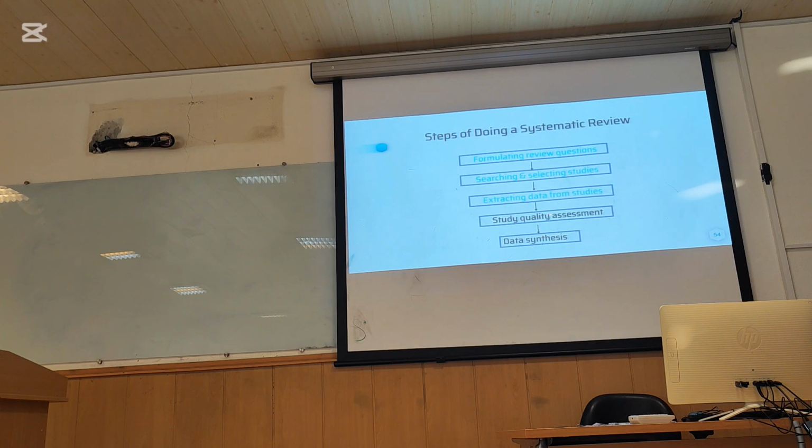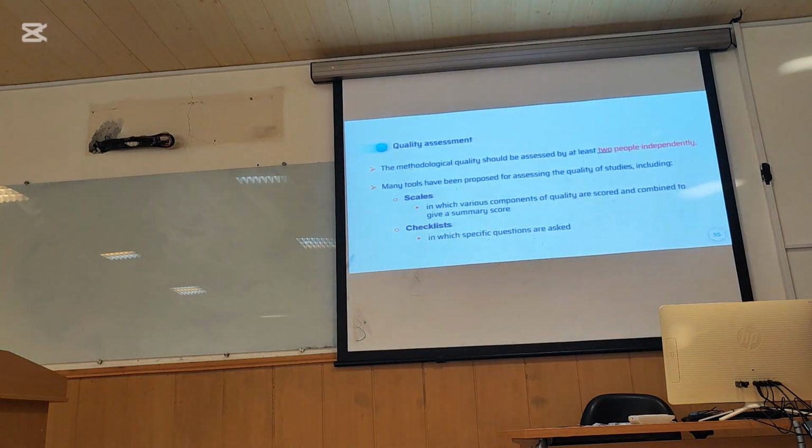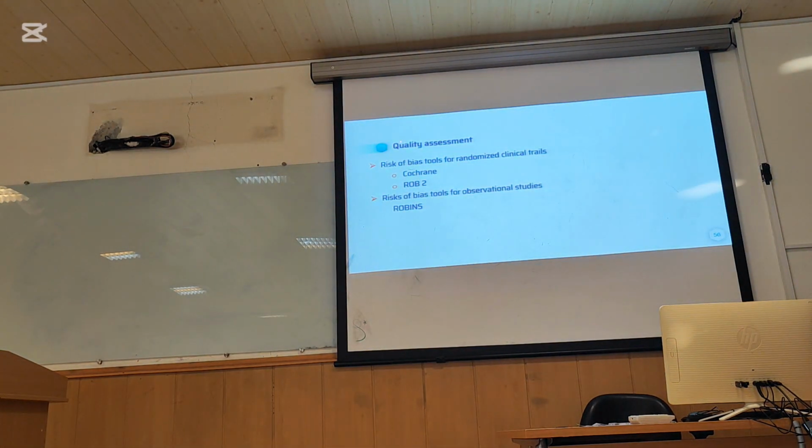For quality assessment, there are many checklists or tools. For example, Cochrane has developed many quality assessment checklists like Cochrane ROB or Risk of Bias 2 and ROBINS. It's very important for you to learn these checklists: Cochrane ROB and ROBINS.